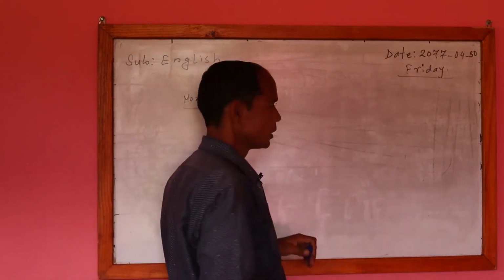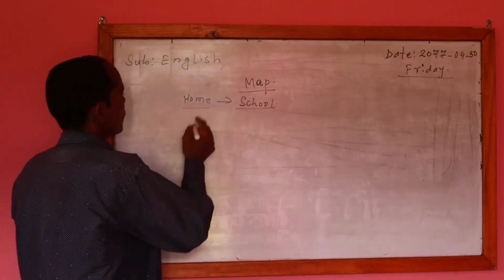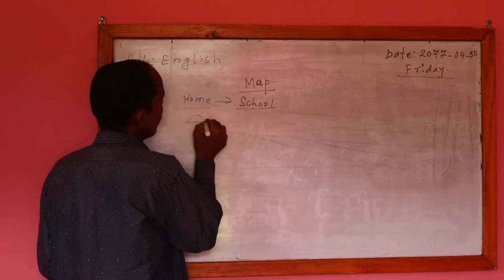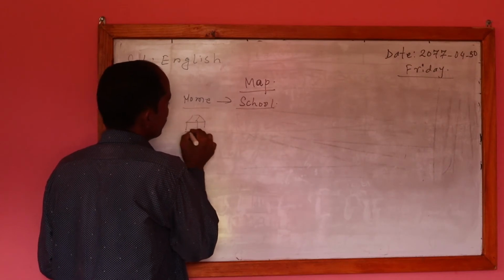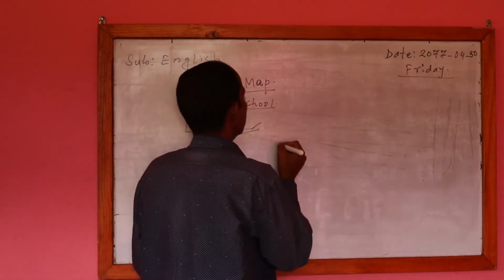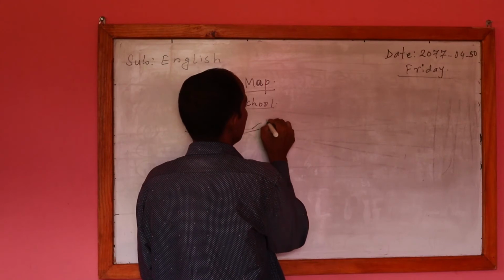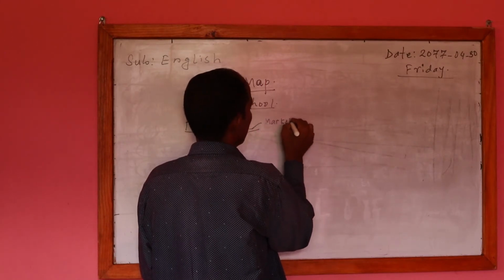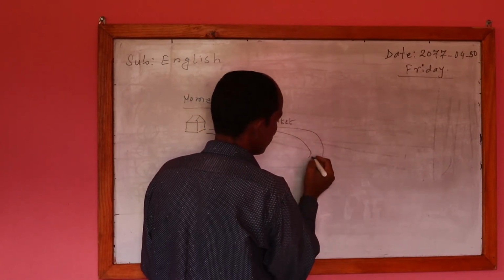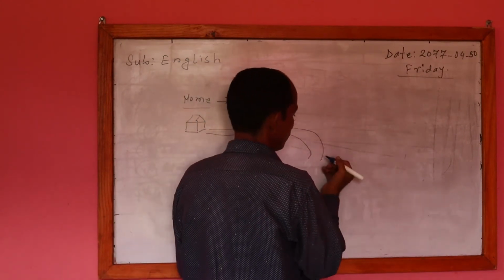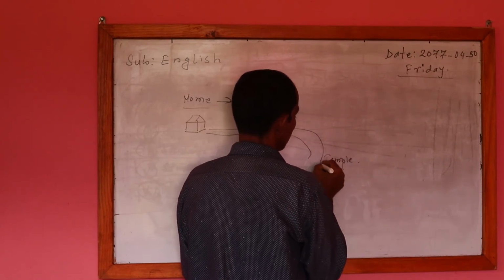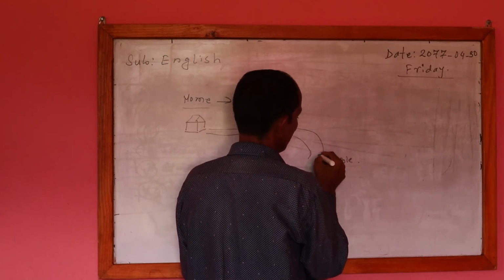If we draw the map, let's say here is your small home, and next maybe there is a market, and after that maybe one small temple is here.